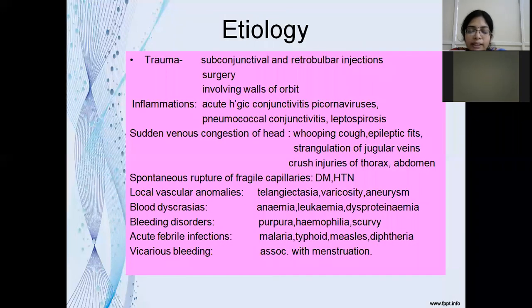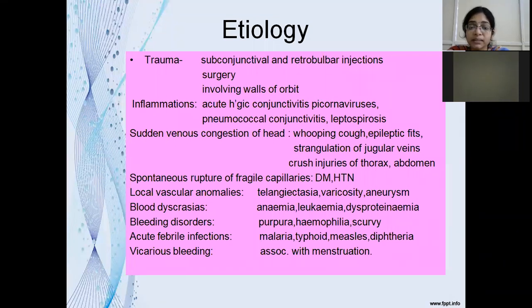Now, what are the etiologies? There are a lot of etiologies of subconjunctival hemorrhage, but the most common one is trauma. Either a punch from a fist or a ball, or sometimes surgeries, or sometimes injections given during surgeries, like subconjunctival and retrobulbar, or inflammatory, viral conjunctivitis, or pneumococcal conjunctivitis, or sometimes when there is sudden strangulation or any crush injuries of thorax and abdomen, there is a sudden increase in pressure in the conjunctival capillaries and they start to rupture.